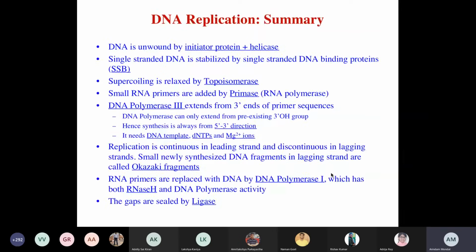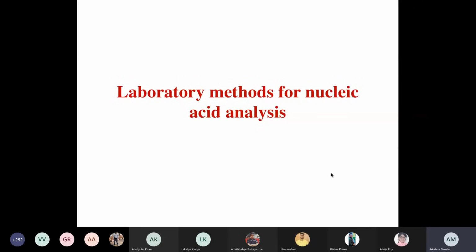Okay, so this is the summary of the DNA replication process, and feel free to ask any questions if you have. Okay, if not, then we are going to proceed to the next topic.